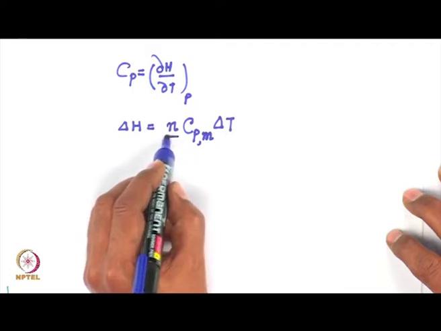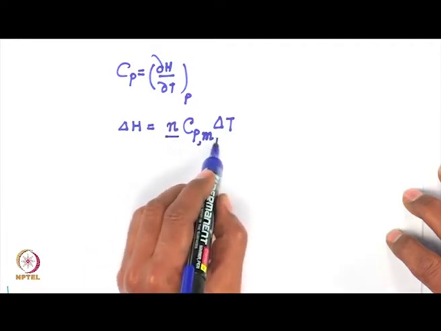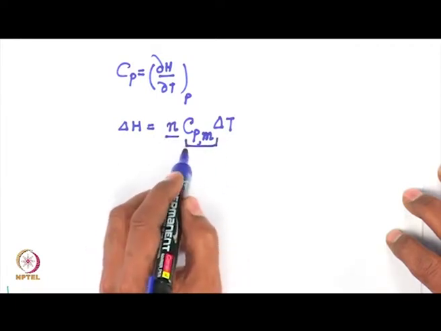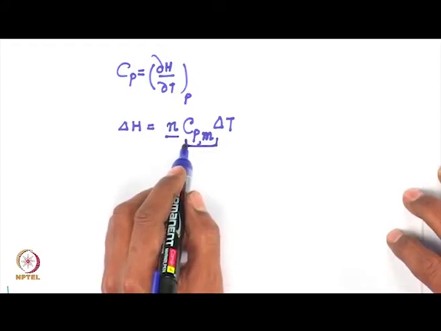The value of N is given, the value of Cpm, heat capacity at constant pressure for oxygen. Oxygen is a diatomic gas. For a perfect monoatomic gas, the value of Cv is 3 by 2 R and Cp is 3 by 2 R plus R, which is 5 by 2 R, and here oxygen is diatomic.